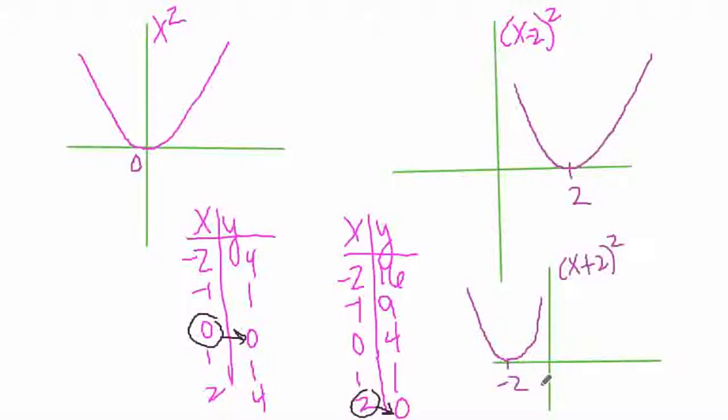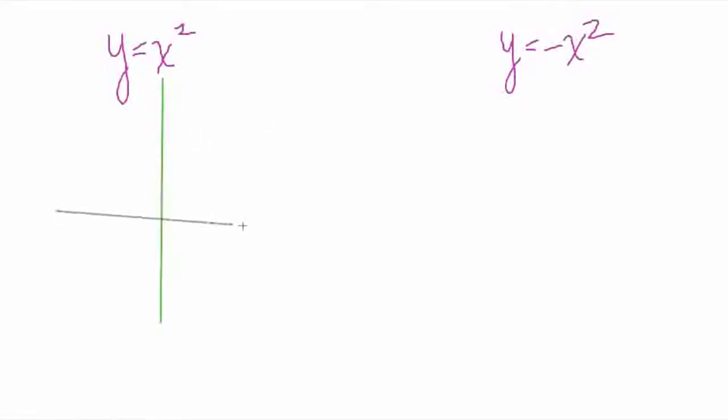Okay, are those the only types of transformations? No, they are not. Here's a couple more. Okay, what if I have a function and I multiply the whole thing by a negative sign? Let's see what that does. All right, well, here's the original parabola.